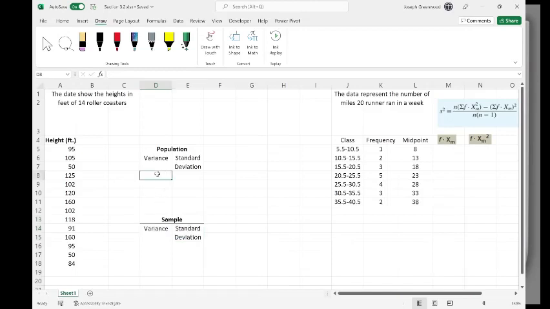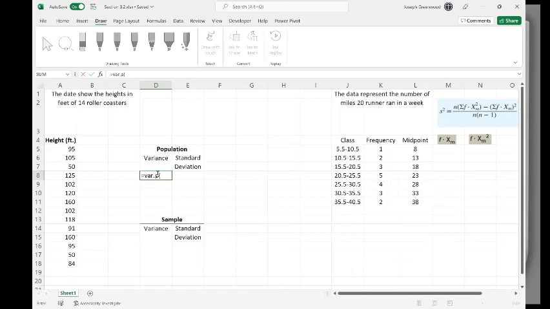So let's take a look at population variance first. Here's how we calculate population variance in Excel. I'm going to hit my equal sign and type in VAR, then hit the period, so VAR dot, and I have two different options, P and S. P stands for population, S stands for sample. So I'm going to hit P because I'm doing population.